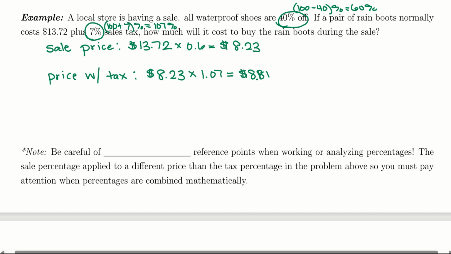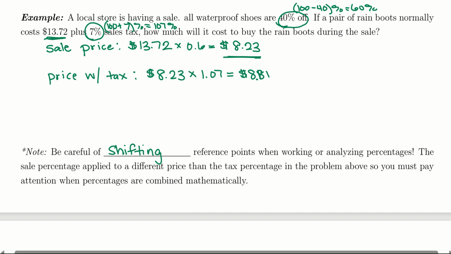So what you have to be careful of is when you're working with multiple percentages in one problem, you have to be careful of these shifting reference points. The price that I got a discount on, the $13.72, was not the same as the price on which I was taxed, which was the $8.23.